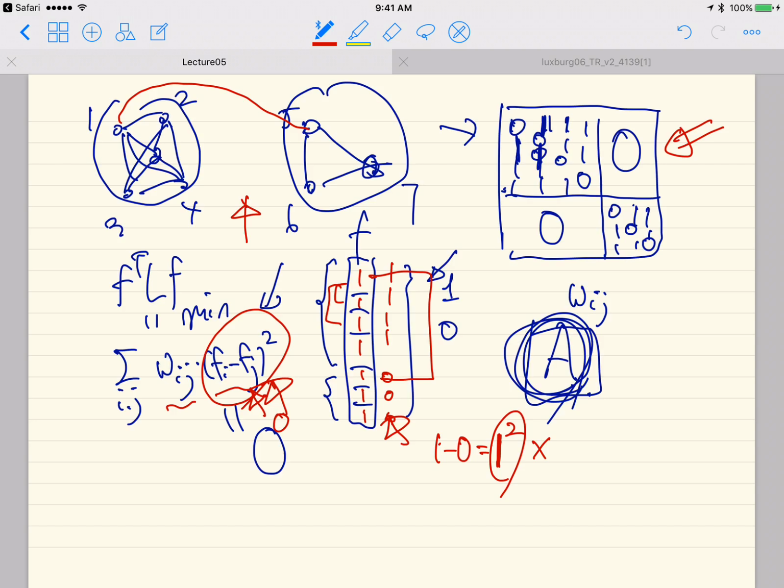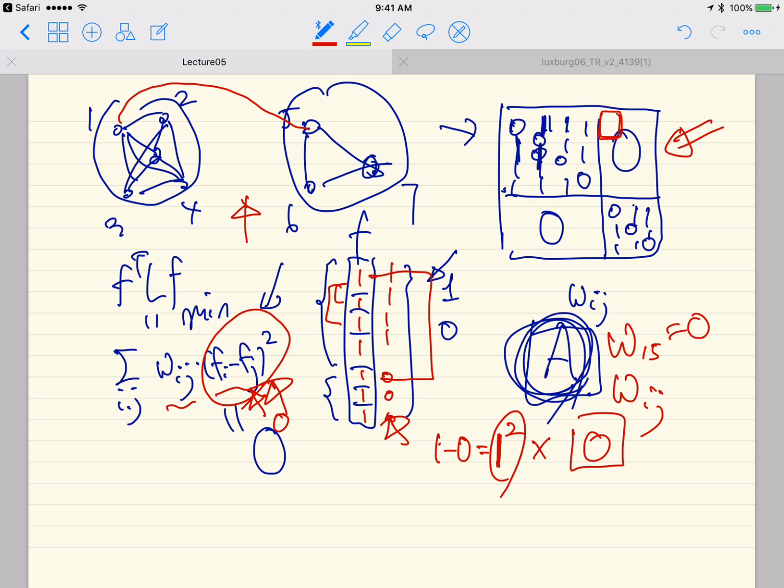Fortunately we multiply this with the weight w_1,5, which is 0.